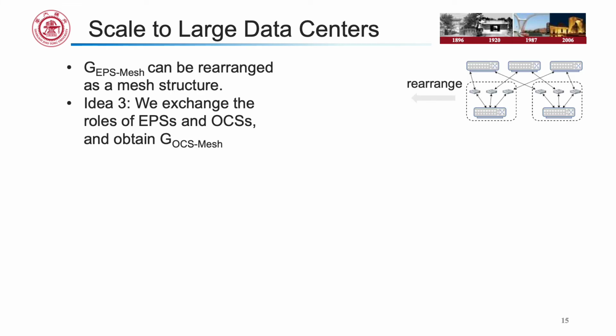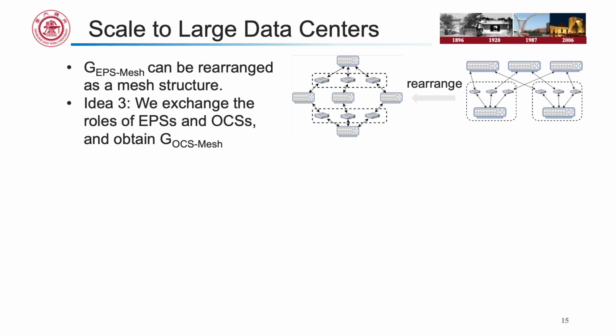The third idea is kind of complicated. To help understand this idea, we first rearrange the second physical topology in this figure. You can see that these TOR switches form a mesh. All the TOR switches in the same row or in the same column connect to the same set of OCSs.